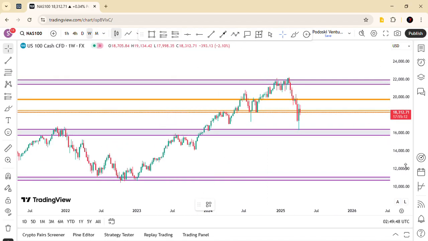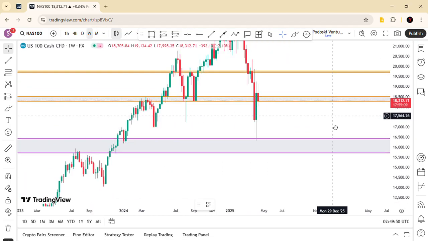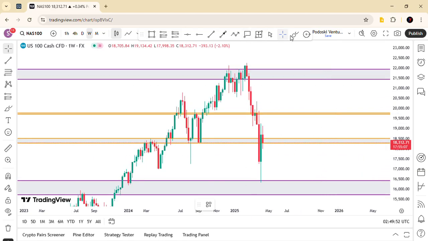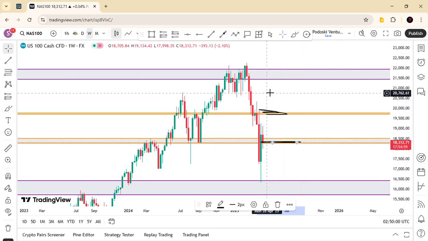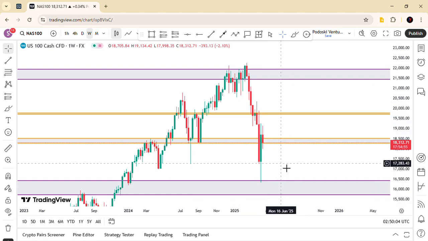Here we are on the weekly time frame on NAS 100, and I have my weekly upper zone and my weekly midway zone. Just like I said on the monthly time frame, we are in an uptrend.